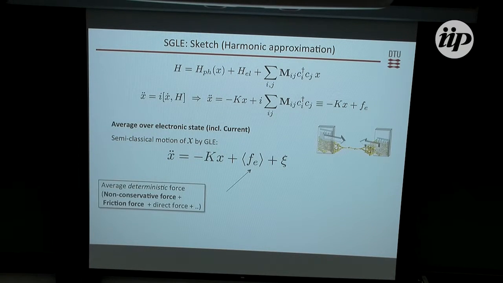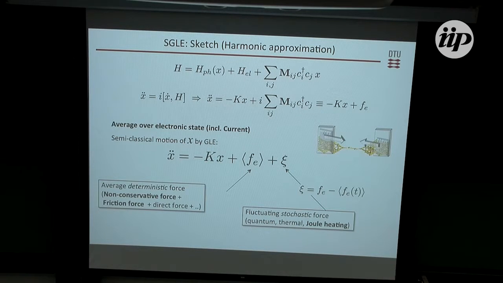And what I'm going to point out is that inside this average force due to the electrons, you will have an energy non-conservative force, you will have friction forces, and you will have some forces which renormalize the vibrations in here due to the current. So this is a deterministic force. And then you will have the fluctuating force, where the electron current will kick randomly the atoms in the structure.